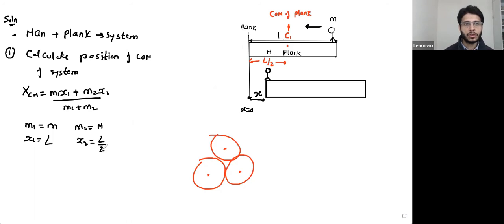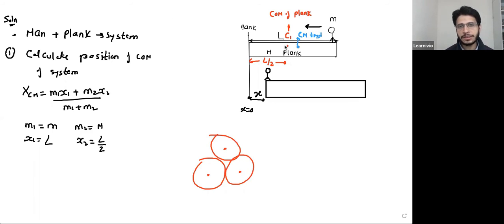Now I need the center of mass of not just the plank but the plank and the mass of the man. Somewhere here the center of mass of the system will lie. This blue point is the center of mass of the system, man plus plank.